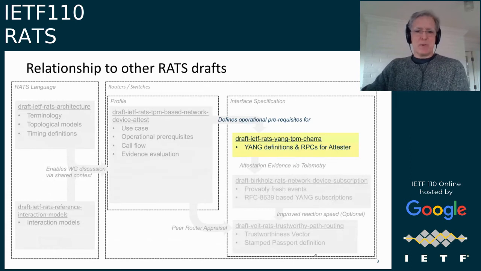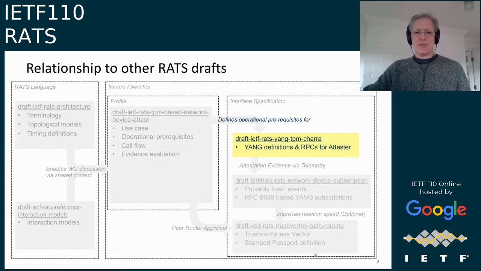There's a relationship to a number of other drafts. It inherits all the RATS language from the architecture doc. It inherits the context from the draft that Nancy talked about earlier on the network device attestation. And it has some drafts which are also inputs like the reference interactions. So there is a whole bunch of context prior to the Yang model that's embedded.